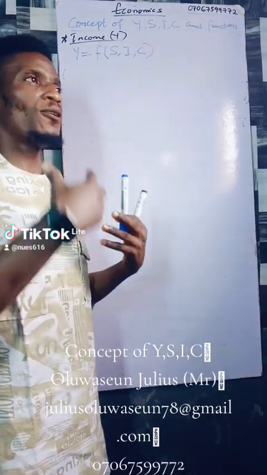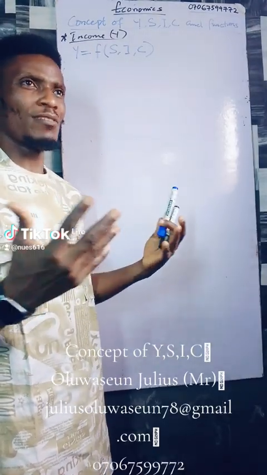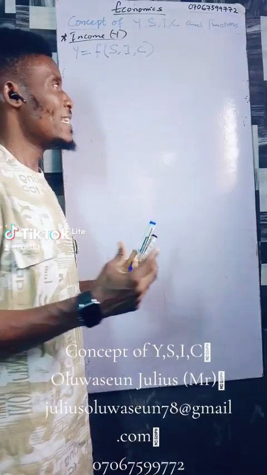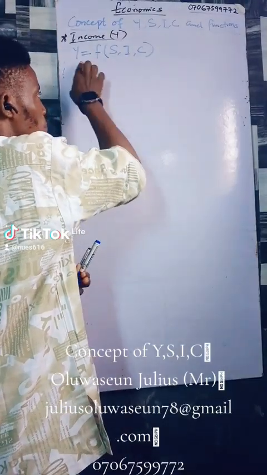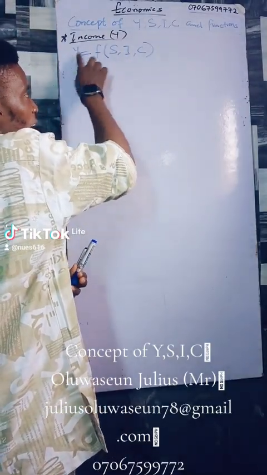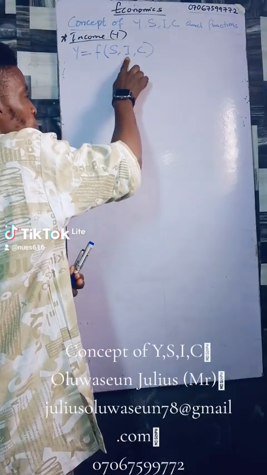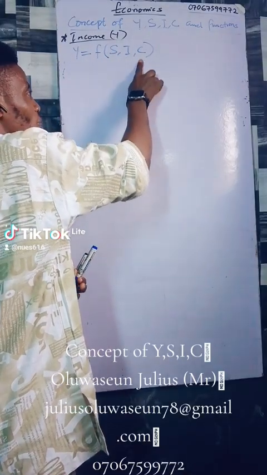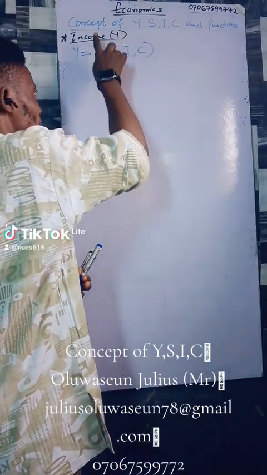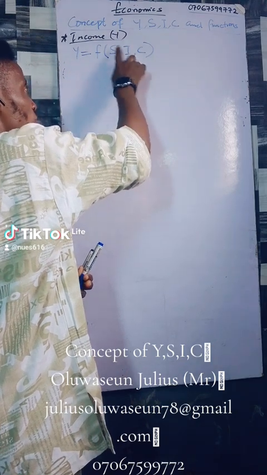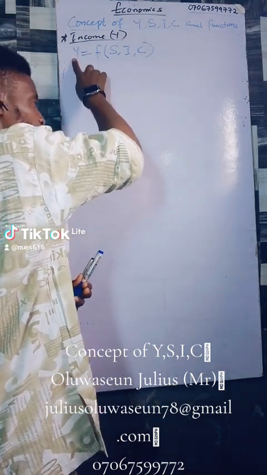Or maybe you work weekly, or for 2 or 3 days, you are entitled to wages. Now, these are things that you can spend your income on: either on savings or on investment or on consumption. You either save your income, invest it, or consume it respectively.